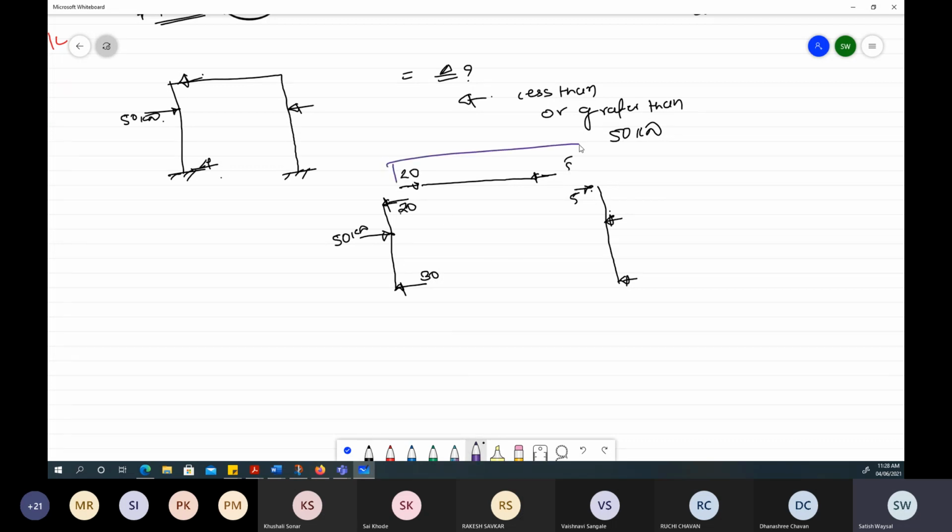So in this beam B to C you apply summation Fx equal to 0. Here when we apply summation Fx equal to 0, 20 minus 5 is equal to 15 kilonewton. This 15 kilonewton is an unequilibrium force which will be causing sway in a frame.